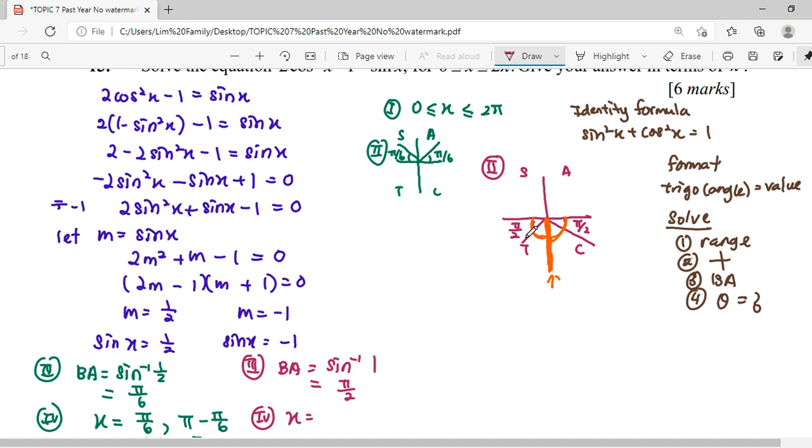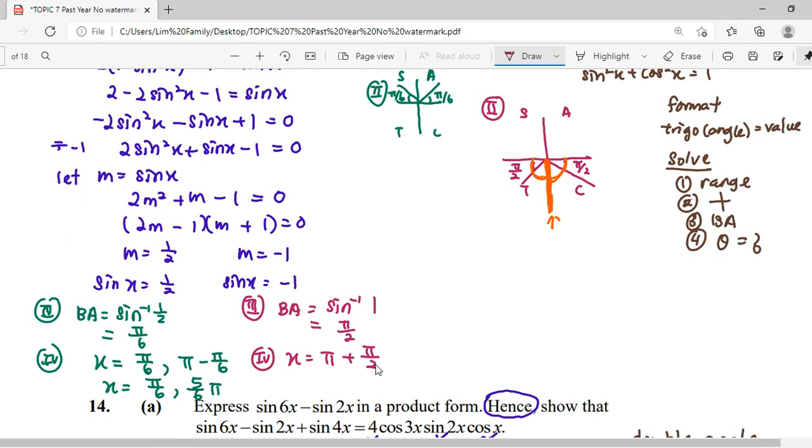So when I come to this boundary, what is this? It can be pi plus pi over 2. So when I come to quadrant 4 and finish here, this is 2 pi minus pi over 2, so they will be the same. So finally, our x here will be equal to 3 over 2 pi.